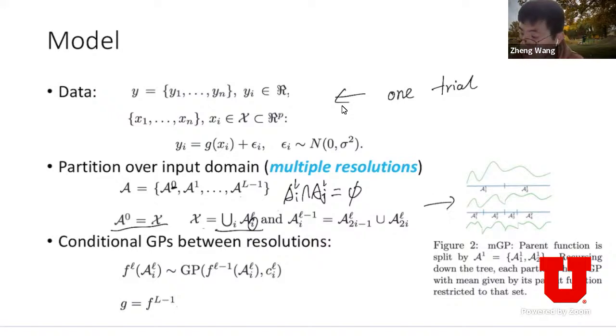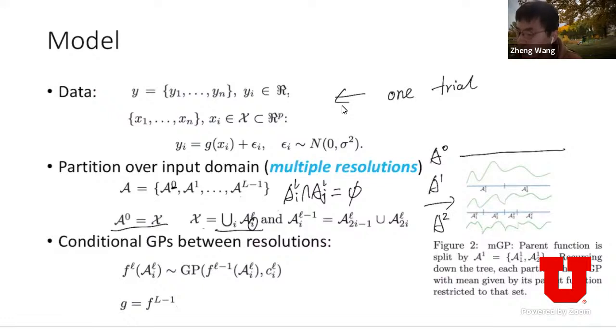On the right side, this figure illustrates how the time domain can be partitioned. It's a binary partition, like a binary tree. So this one is A0, and this one is A1, and this one is A2.